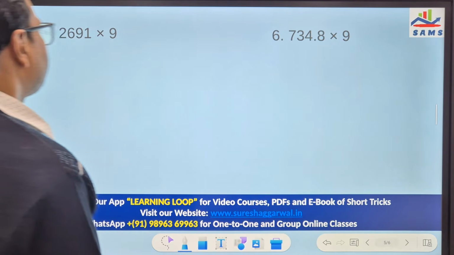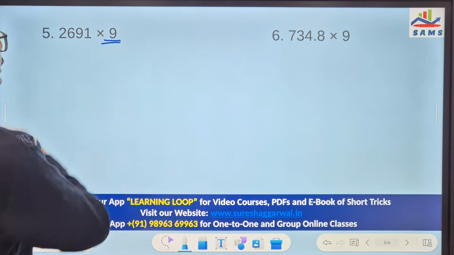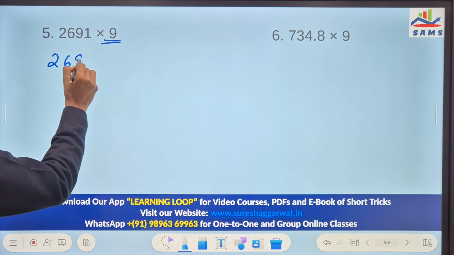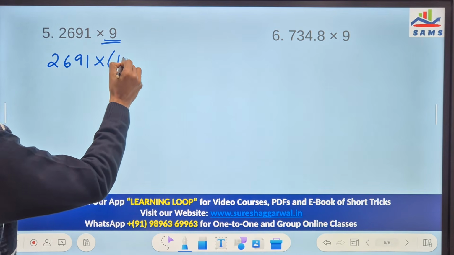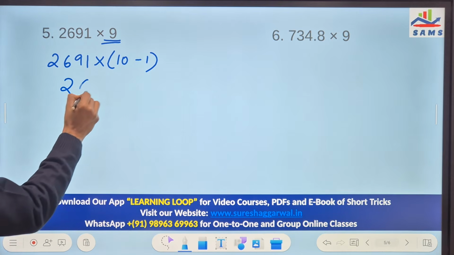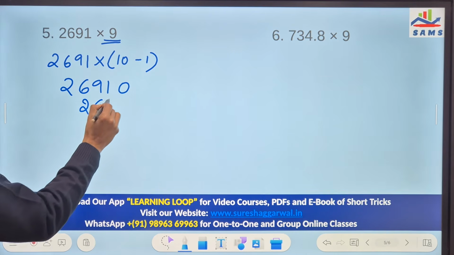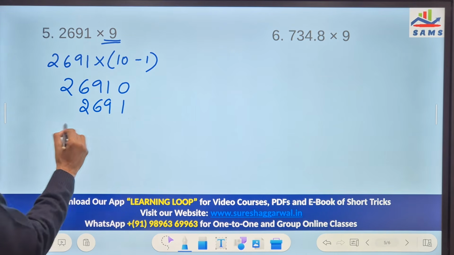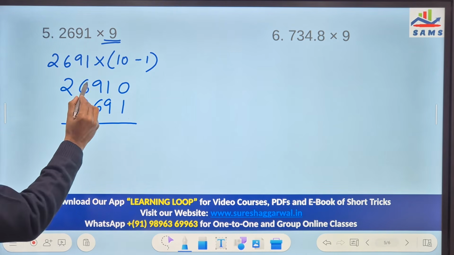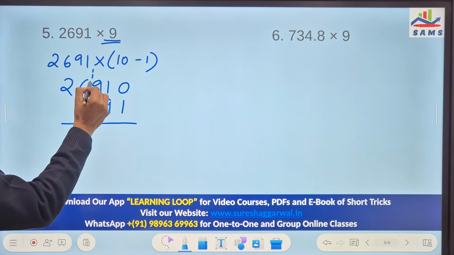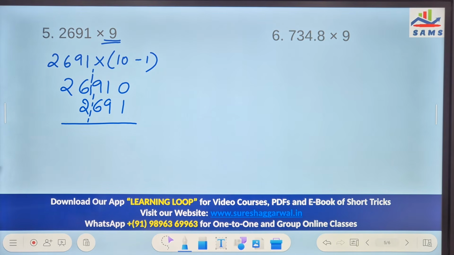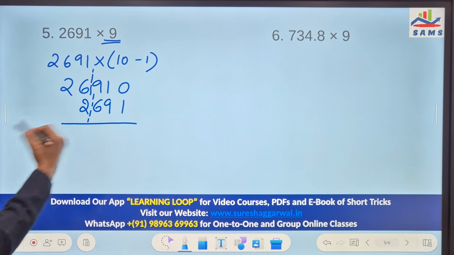Let's have some more examples. Here we have another 9. So 2691 times 10 minus 1. So first write 26910, and then below that you have to write 2691, the original number, right? Now, if I split it like this, this is also mental maths: 910 minus 691.